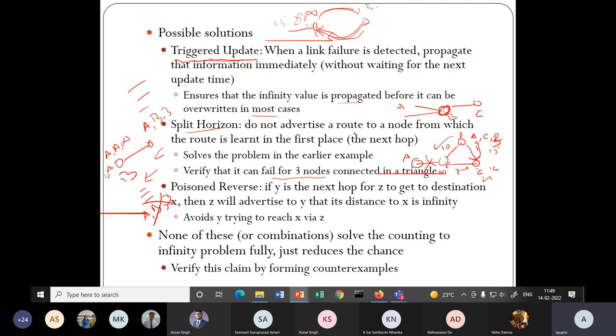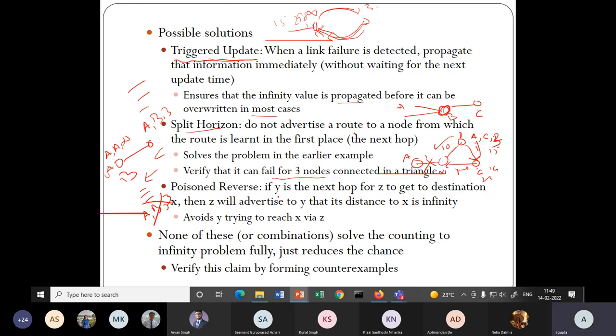Whereas poison reverse says, don't route through me because I'm telling you it's infinity, which is telling you explicitly that there is no route. So one is kind of keeping silent. I have not told you anything, so there is no route. One is explicitly saying, I don't have a route. Okay.